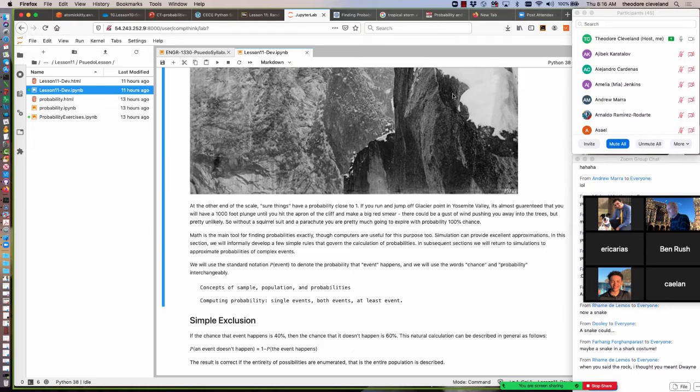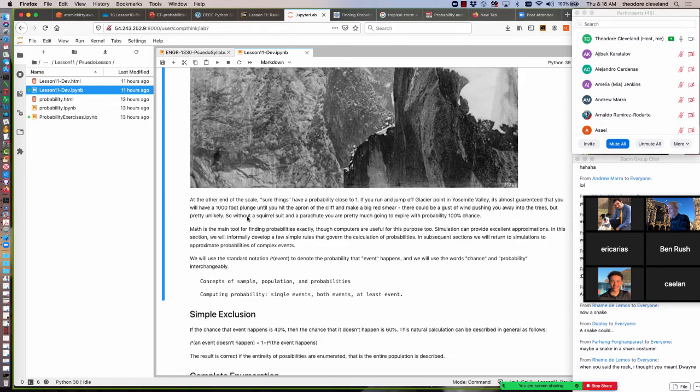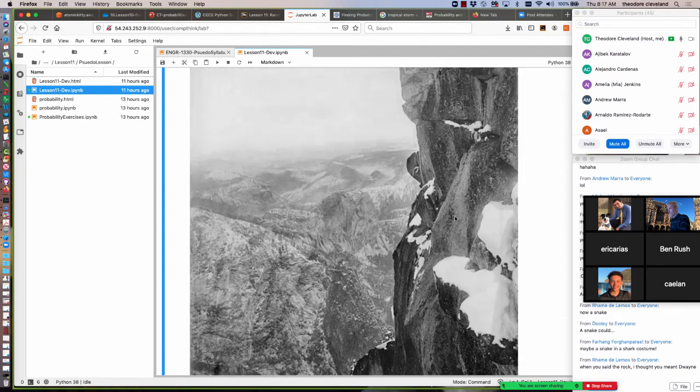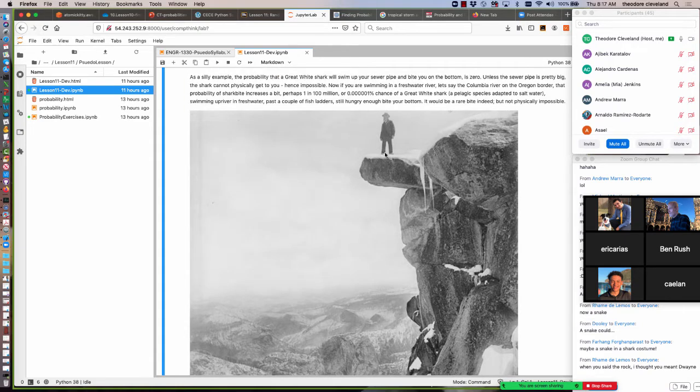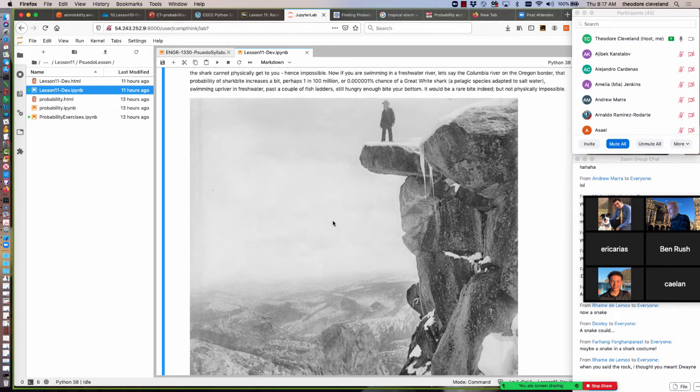Now there could be a gust of wind that pushes you away into the trees, but that's pretty unlikely. So if you're not wearing your squirrel suit and you don't have a parachute, you're pretty much going to expire, 100% chance. That's what's meant by a sure thing. So the event of you performing an act of dumbness and jumping off this, and then the consequences that occur for that, the consequences that occur are the sure thing.